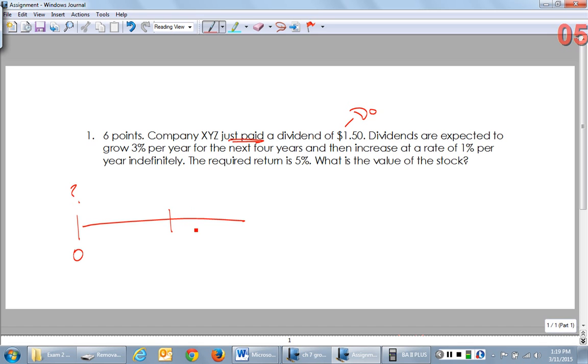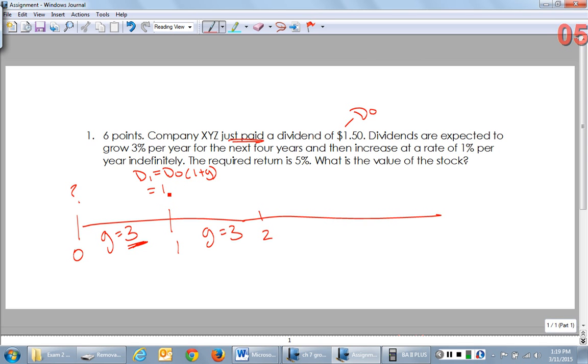From time period 0 to time period 1, the growth rate is 3%. From time period 1 to time period 2, the growth rate is also 3%. So at time period 1, dividend 1 is equal to the last dividend paid times 1 plus the growth rate. We use the growth rate associated with this time period.